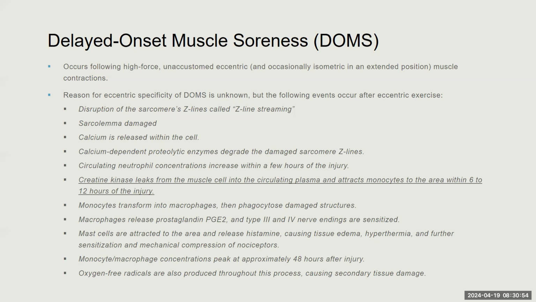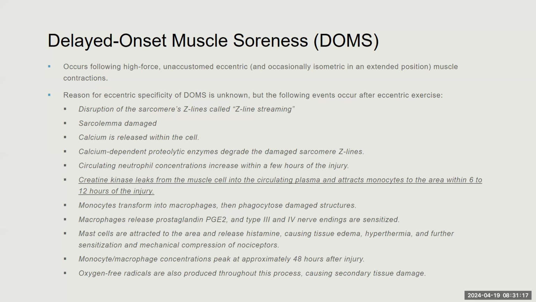An important thing to know about this is that creatine kinase leaks from the muscle cells into the circulating plasma and will attract monocytes into the area within 6 to 12 hours of the injury. These monocytes then transform into macrophages, which phagocytose the damaged structures and then release prostaglandin E2, and type 3 and 4 nerve endings are sensitized.